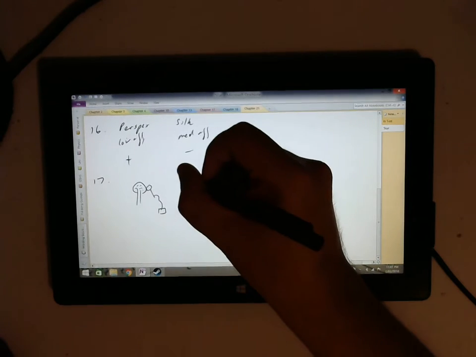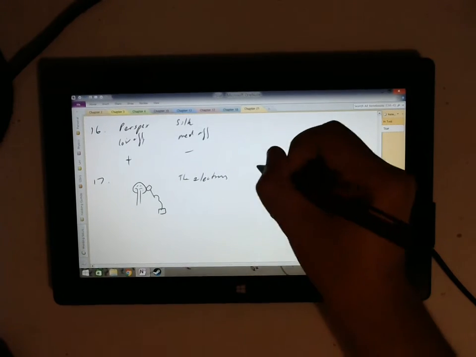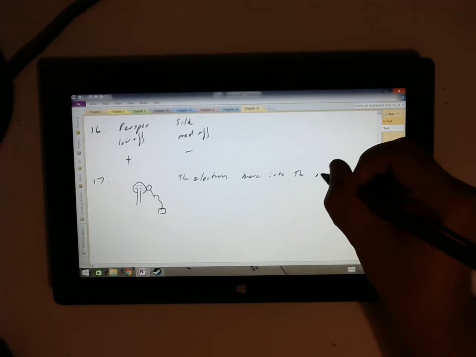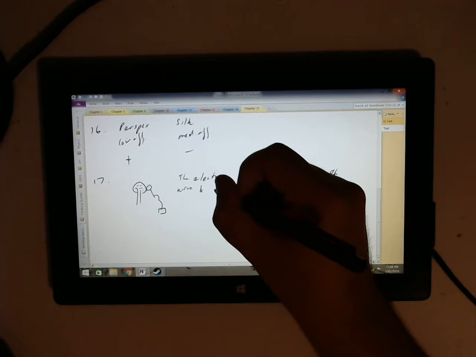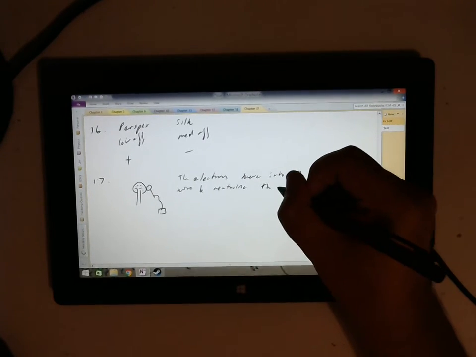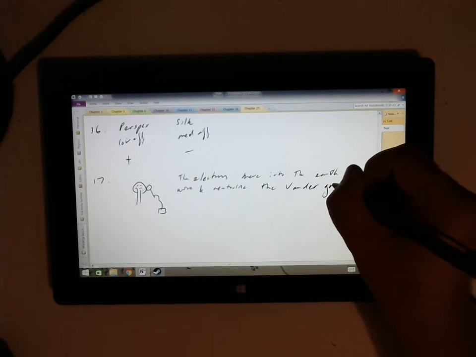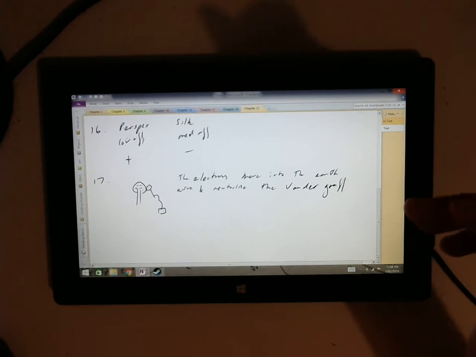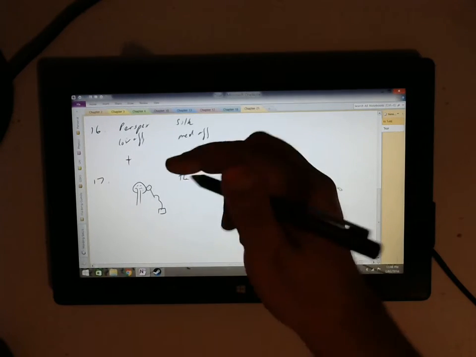Well, the electrons move into the earth wire and neutralize the Van de Graaff. Sorry, Van de Graaff has two A's.